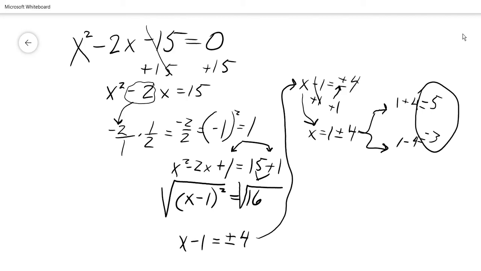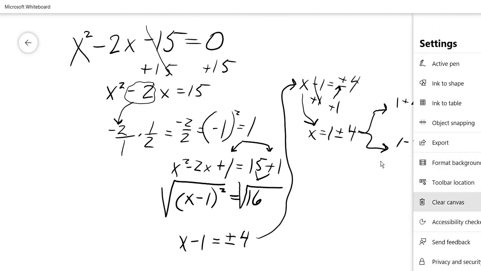Now we're going to use the quadratic formula. I'll go ahead and clear the whiteboard here. As a matter of fact, I'm going to do a trick, okay? The general form of quadratic equations is ax squared plus bx plus c equals 0.